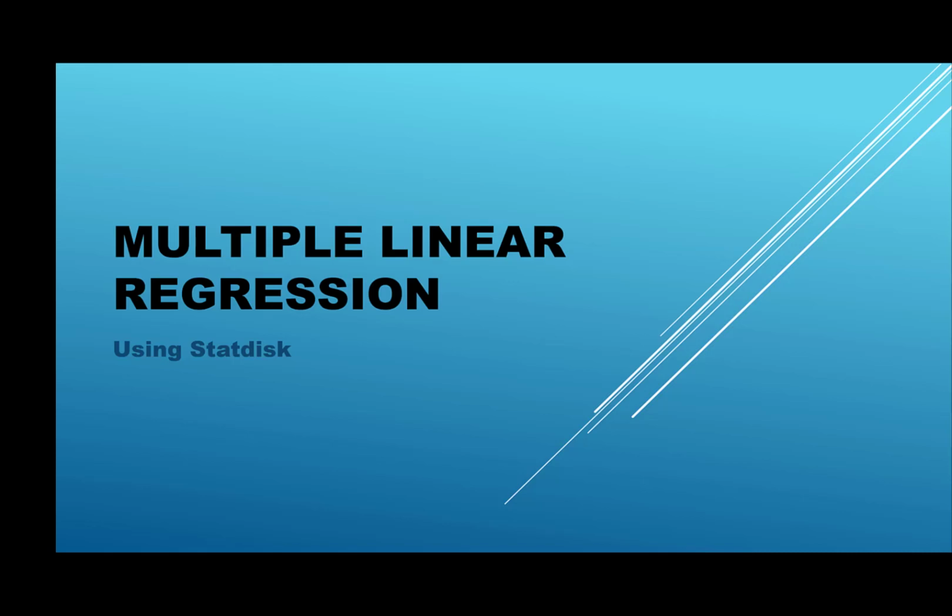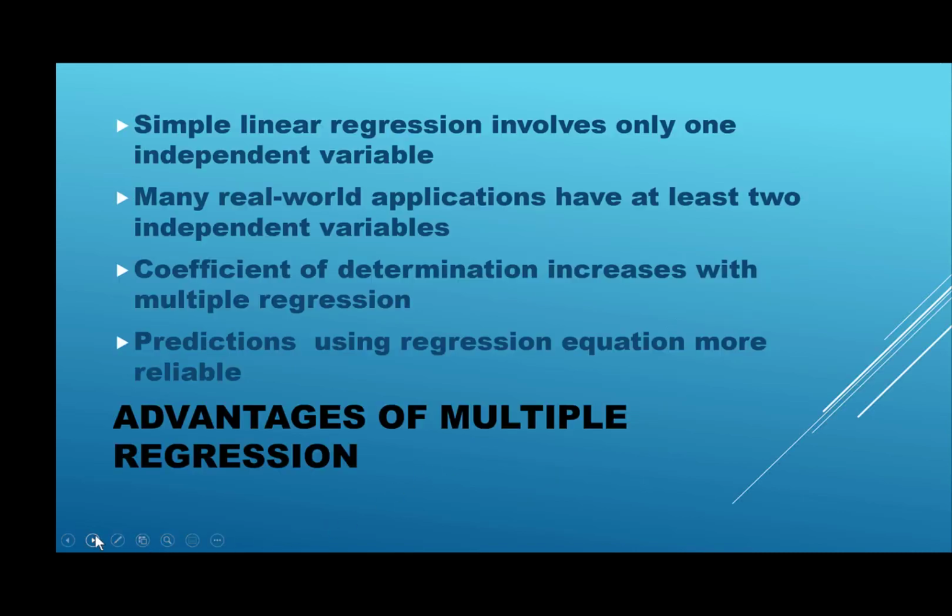In this video, we're going to discuss multiple linear regression, and we're going to do our calculations using Statdisk. We've discussed simple linear regression earlier, and remember that that involves one dependent variable and only one independent variable.